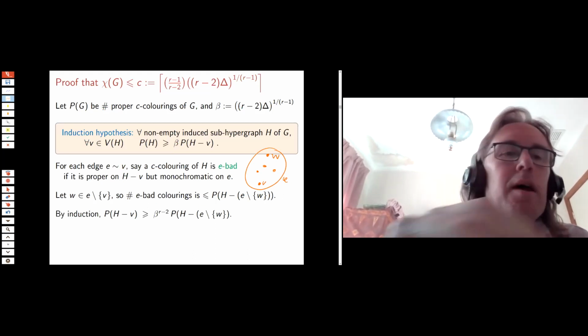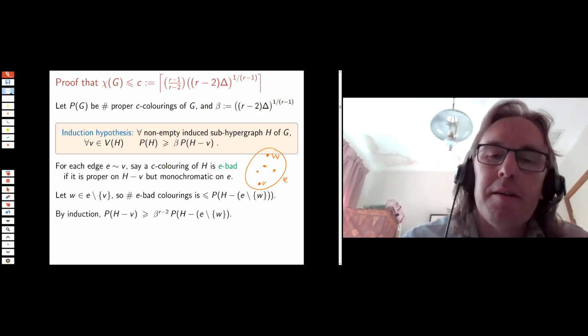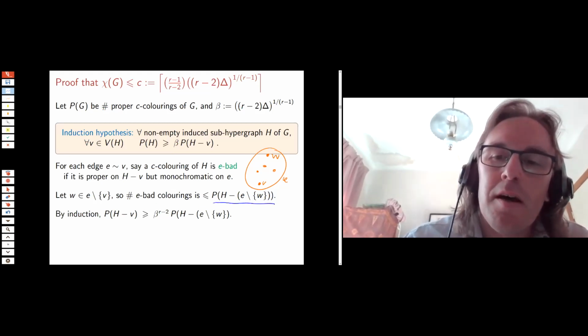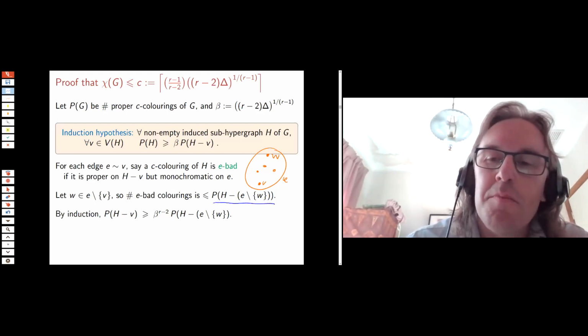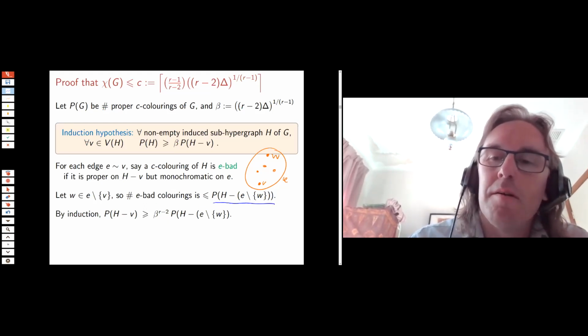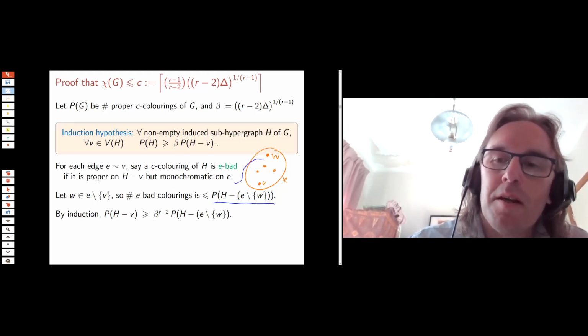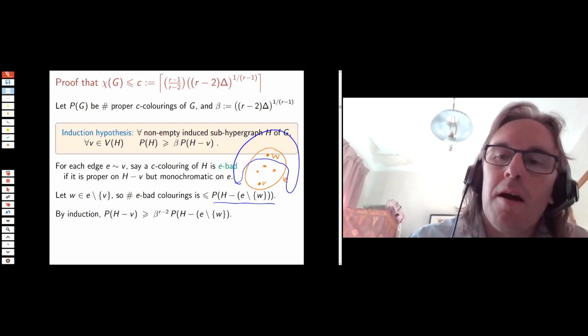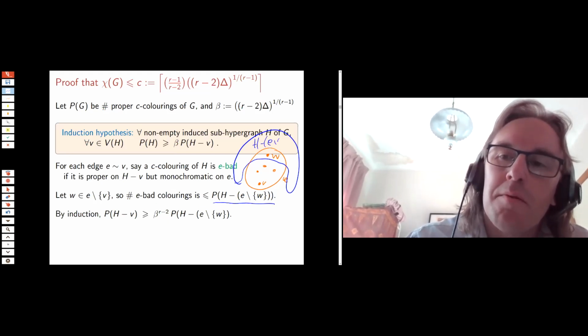Well, I claim that the number of E-bad colorings is at most this expression here, the number of colorings of H minus E, but not minus W. So let's draw a picture of what this means. This is in blue, the graph H minus E minus W.